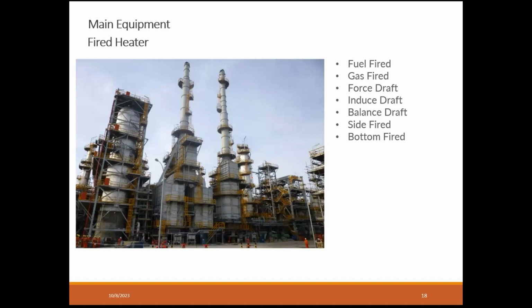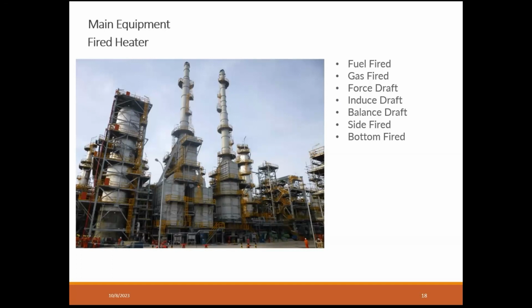In this heat exchanger, the shell side is basically water. When the hot flue gas passes through this heat exchanger full of water, the water will evaporate and create steam. So this is what a boiler is.